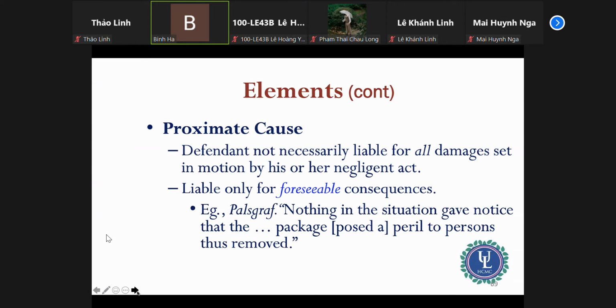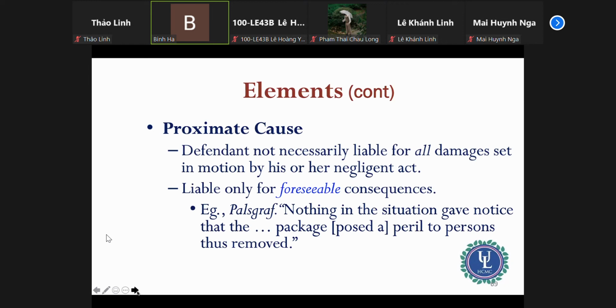The question is whether the security guard, who takes care of the passengers in the train station, or the train station operators themselves could be liable for the damage, the loss occurred to other passengers who stood on the platform. And the conclusion of that case is no, because that risk is not foreseeable.